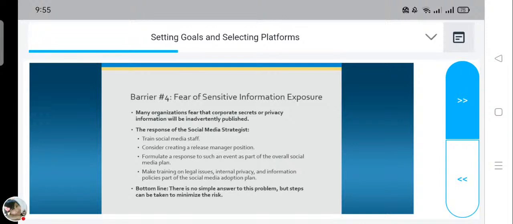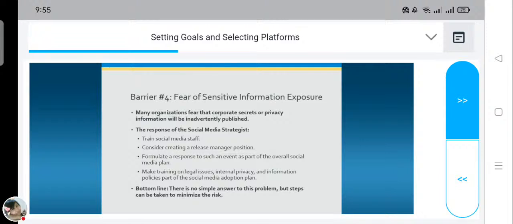A release manager serves as a gateway to everything that gets published. In other words, they're almost like an editor, a checker. So nothing will get posted to social media without funneling through that release manager and making sure that it is okay to be posted.